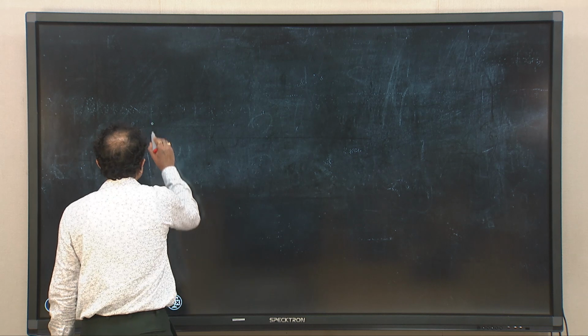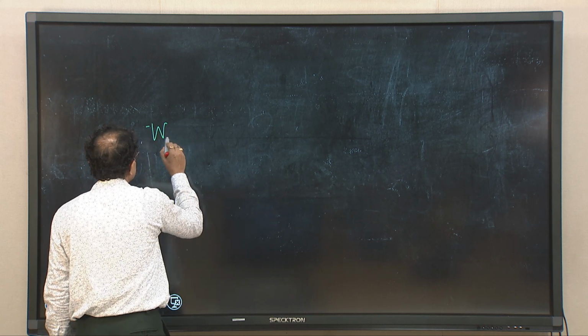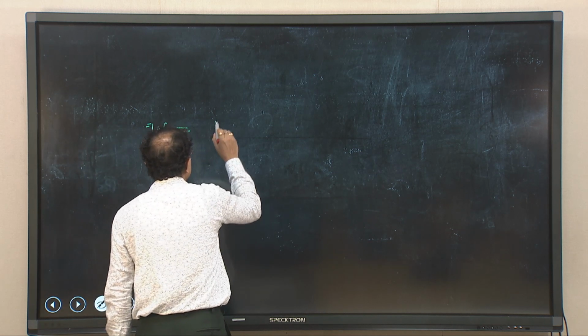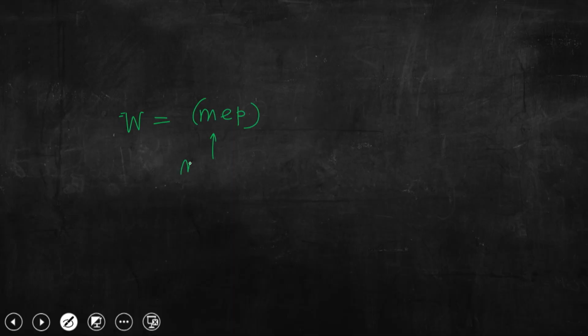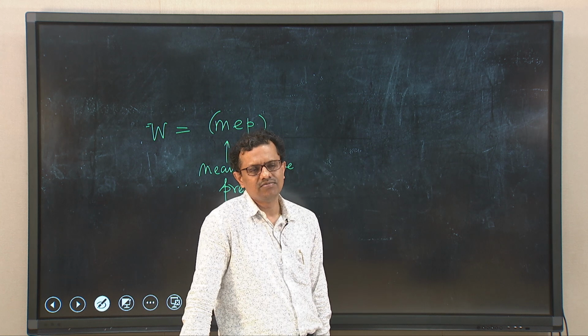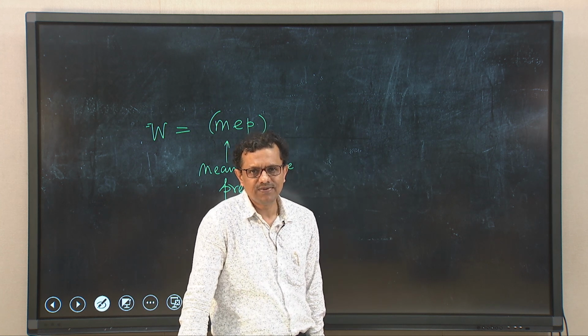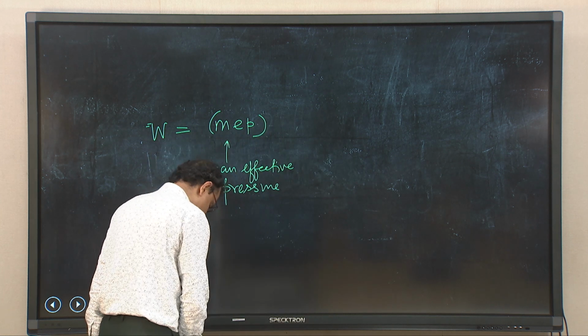So, if we go to the next slide, we can write that W, the work done, is equal to the mean effective pressure, MEP, or average pressure, times something. As the pressure of the gas inside the cylinder changes continuously, instead of determining instantaneous pressure, it is convenient to write the work done in terms of mean effective pressure, which you have studied in your undergraduate course.